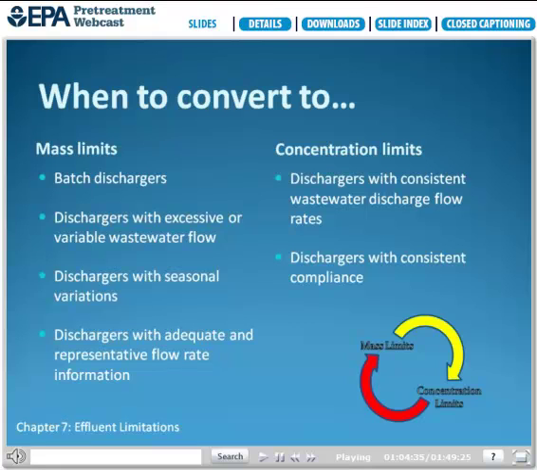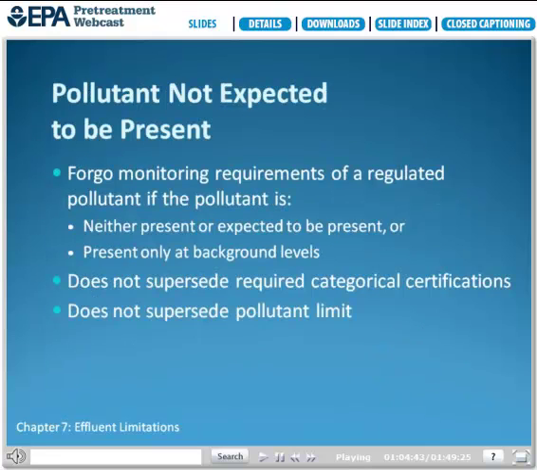The provision for pollutants not expected to be present is something that was added under streamlining as well. It allows a user to forego monitoring for a pollutant that is listed in the federal category.